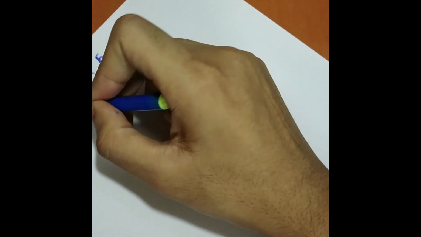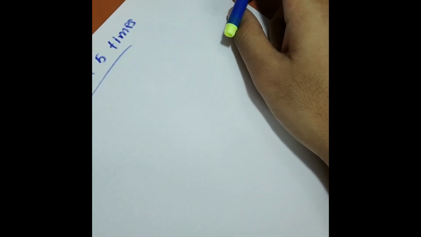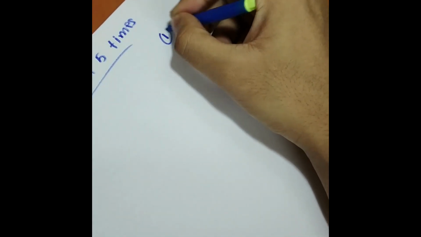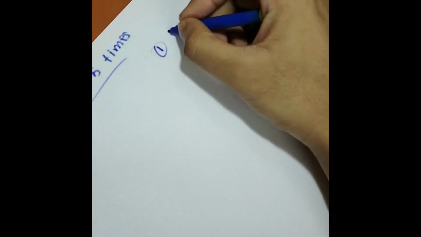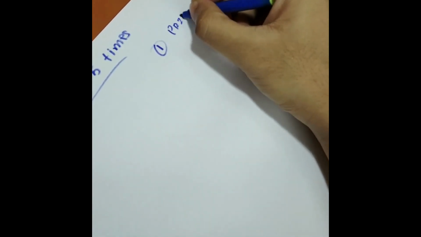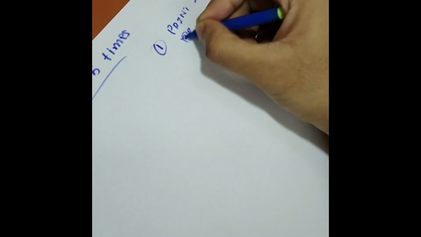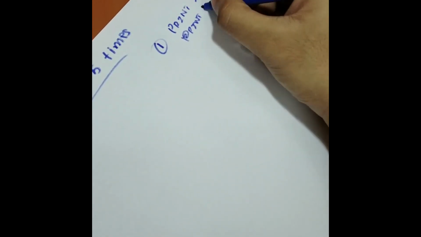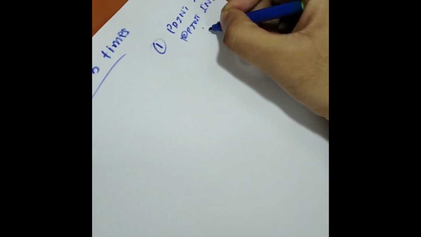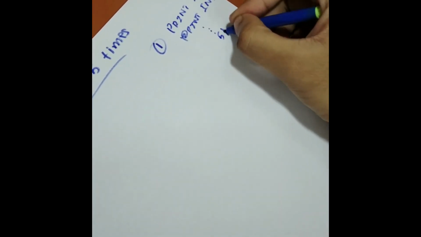So what can be done to execute this thing? First process, print India, print India up to 5 times.